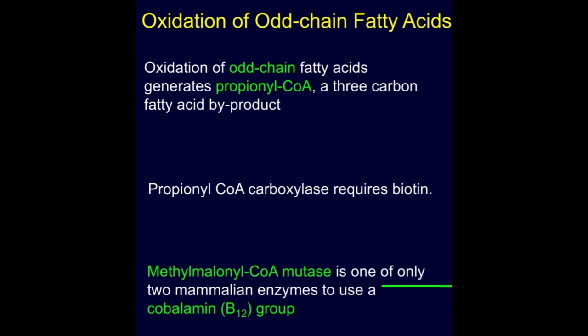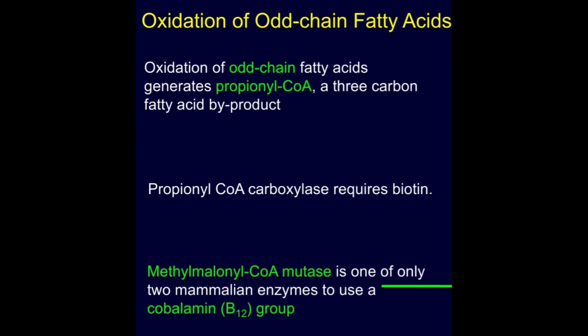But in addition to that, odd chain fatty acids. So think of a fatty acid that's 15 carbons. If you break it down, the last acyl chain obtained is propionyl-CoA from the beta oxidation of odd chain fatty acids. Propionyl-CoA can in turn be converted to methylmalonyl-CoA, then methylmalonyl-CoA can be converted to succinyl-CoA. Remember, succinyl-CoA is a glucogenic carbon skeleton and can be used to make glucose.